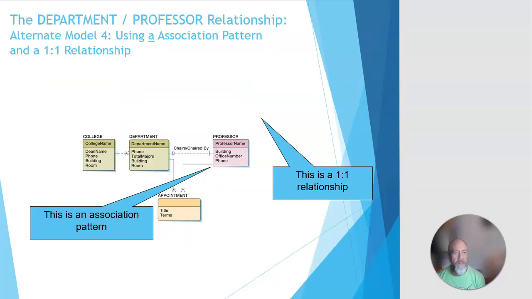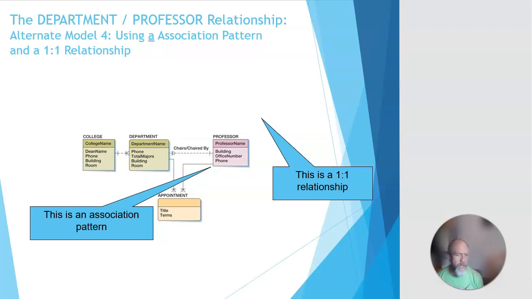So you've got the association pattern. And the other thing is that chairs are also faculty, the professors. So now we're going to throw in another relationship between department and professor, but only to a specific professor. So you've got that relationship too, and the appointment is fixed.